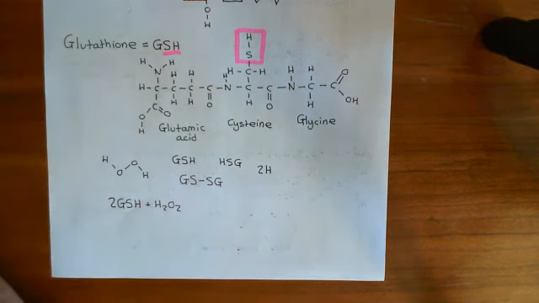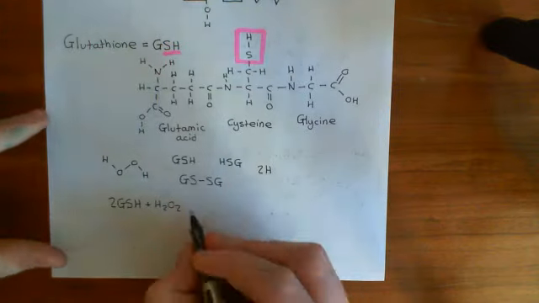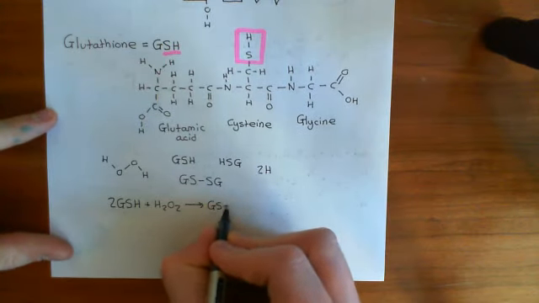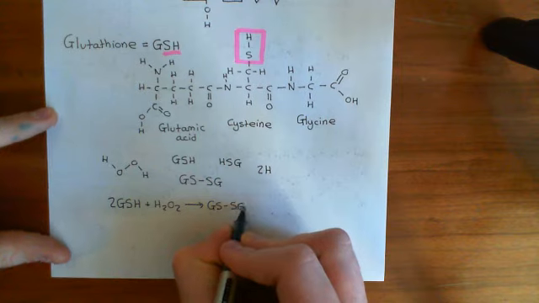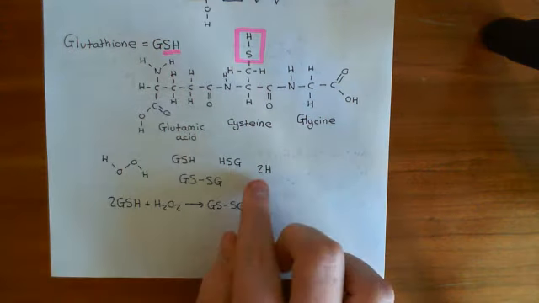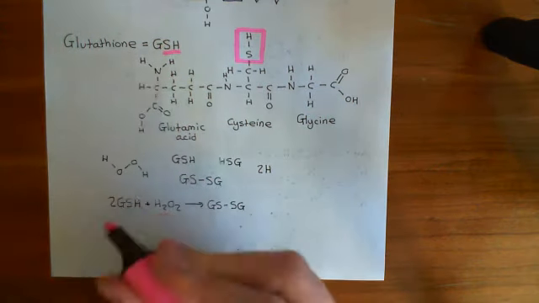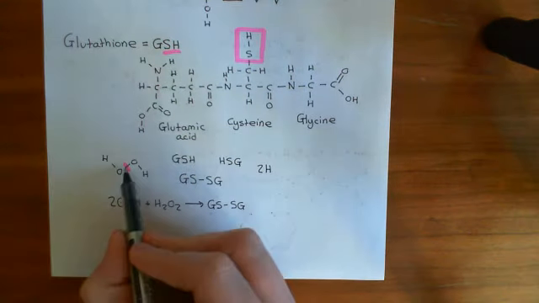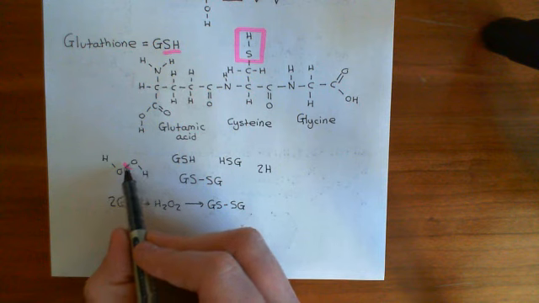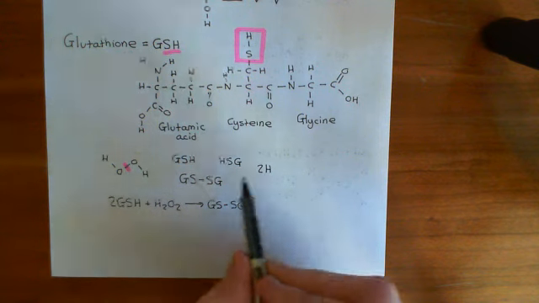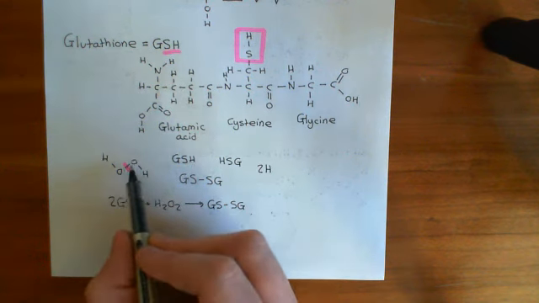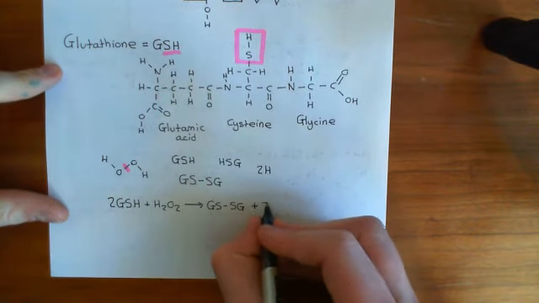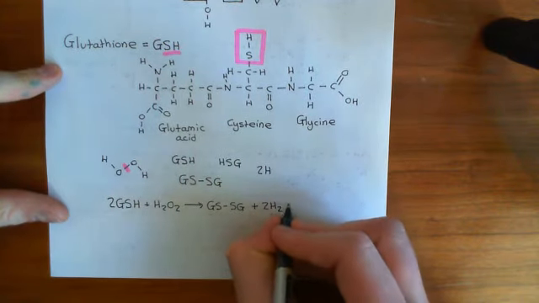And what you can do is, if you bind the two glutathione molecules together to make a GSSG molecule like I've discussed, then this will create two hydrogen atoms, and you can use this to break apart the hydrogen peroxide. You can break the peroxide bond, imagine giving one electron back to each of the oxygens, and then you can bind a hydrogen atom to this oxygen and the other hydrogen atom to this oxygen to create two water molecules, 2H2O.